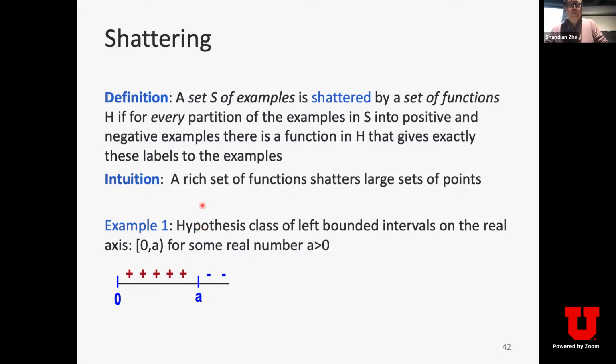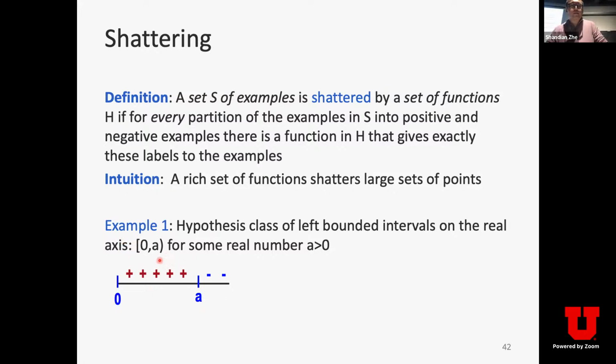Let us look at the first infinite hypothesis space we're going to discuss, which is called half intervals, or left bounded intervals. Each classifier in my left bounded interval hypothesis space is described by an interval from 0 to A. So the left end is 0, the right end is A, and A is positive.